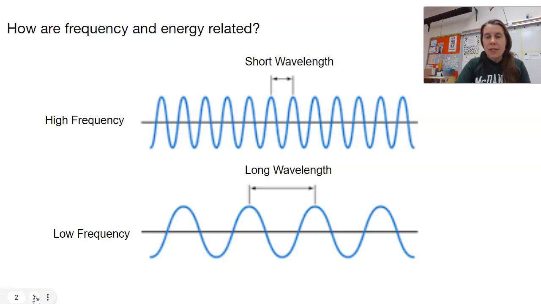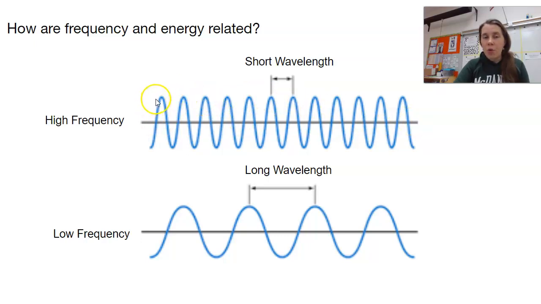All right, so this diagram should look familiar to you from previous science classes, but basically light, if it's behaving like a wave, then we have the wave going up and down. If it has a high frequency, meaning there are a lot of waves per second or per unit time, then it will have a short wavelength, right? The wavelength has to be short if we're going to fit a lot into a given period of time.